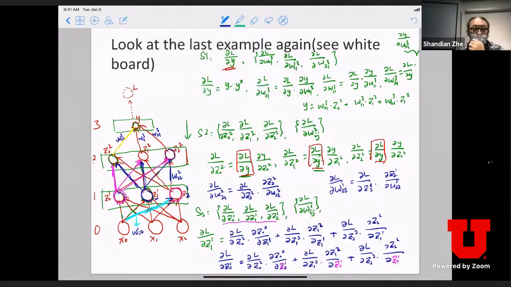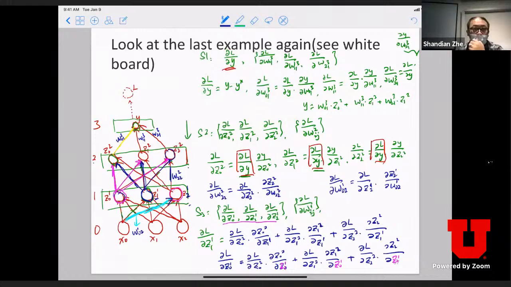So you can see this procedure, right? No matter which depth we are at, we never need to backtrack a long way to the top layer, the output layer. We just leverage the results from the previous step, that is, the results from the one layer above.